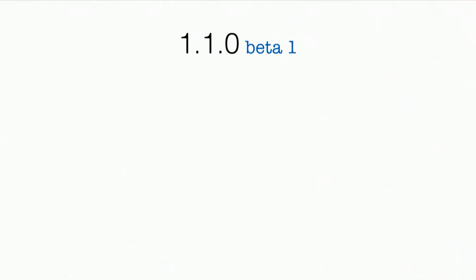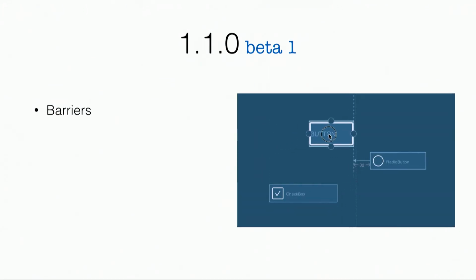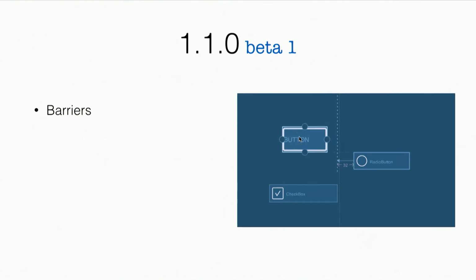Not sure if you can see very well with the animation, but if I move that button, everything moves up to the maximum of those two buttons, right? The checkbox and the button. The button and the checkbox are part of the same barrier, and that's why you see this vertical line on their right.